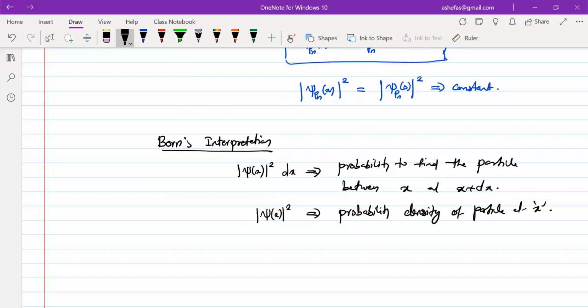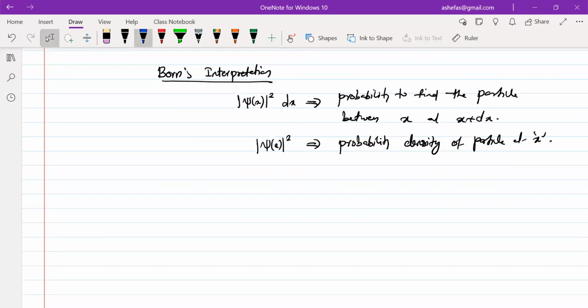Okay, so what is the probability density for the momentum eigenfunction? For the momentum eigenfunction, the probability density is a constant. So if you plot the probability density in a graph, this is x, and this is the probability density of the momentum eigenfunction.